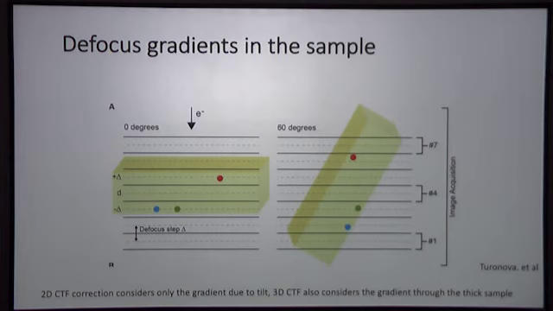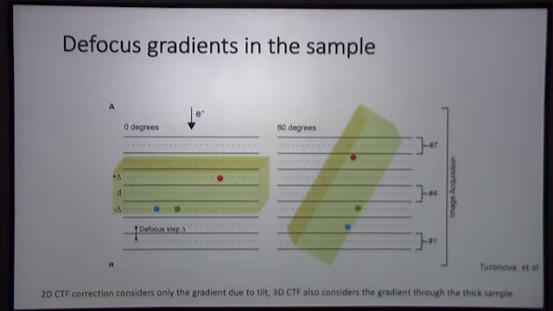The next thing I briefly want to talk about is CTF correction. So if you imagine three objects, a red one, a green one, and a blue one in our sample, and we image them at 0 degrees, and we image them at 60 degrees, in practice they're at different heights within the sample, and they're therefore at different defoci.